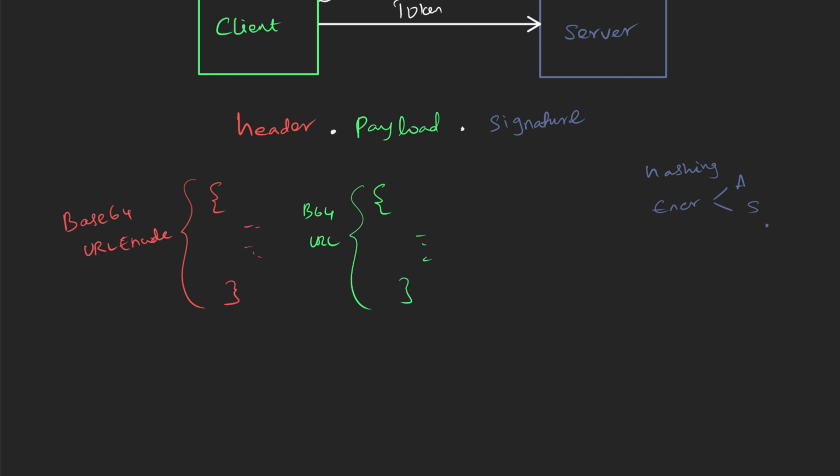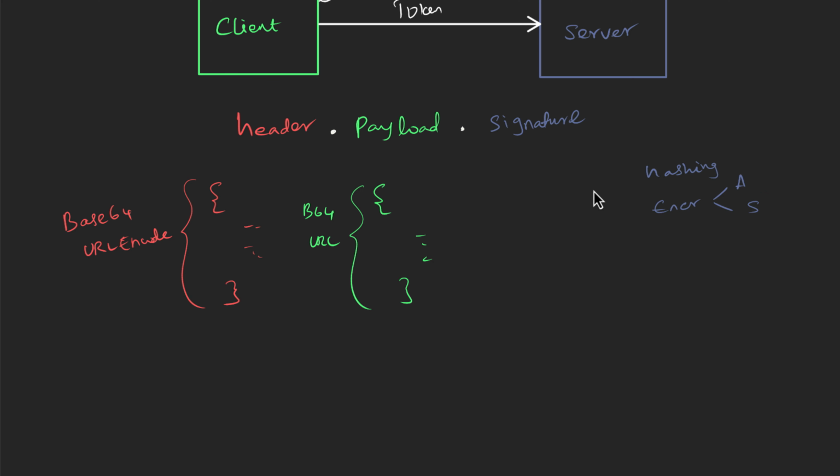We'll use that encryption key for encrypting these 2 parts, and then we will do base64 encoding, because when we do both hashing and encryption, whatever we get, we need to base64 URL encode that as well. That is what our signature is going to be. When we are using asymmetric encryption, again, this is very similar to symmetric encryption, but the signature will be generated using the private key.